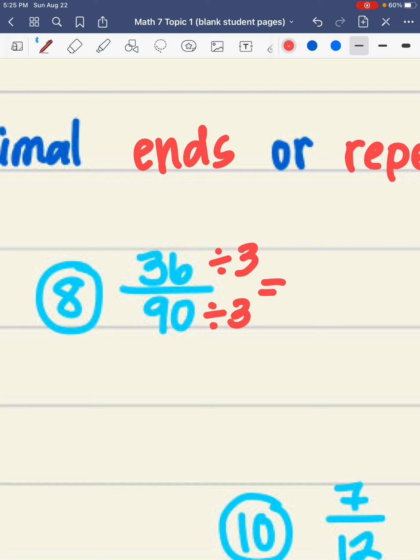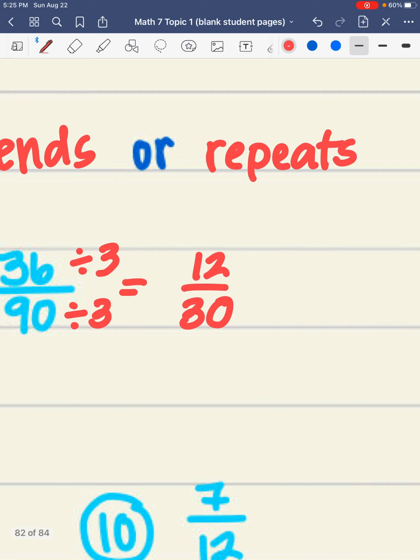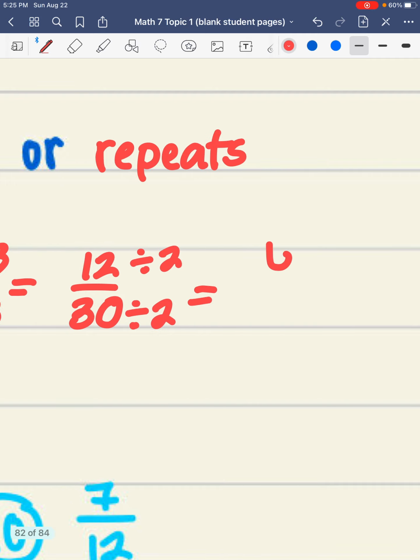So I can divide by 3. 36 divided by 3, I know is going to give me 12, and 90 divided by 3 is 30. So I have 12 over 30. These are two even numbers, so I can divide both of these by 2. 12 divided by 2 is 6, and 30 divided by 2 is 15.